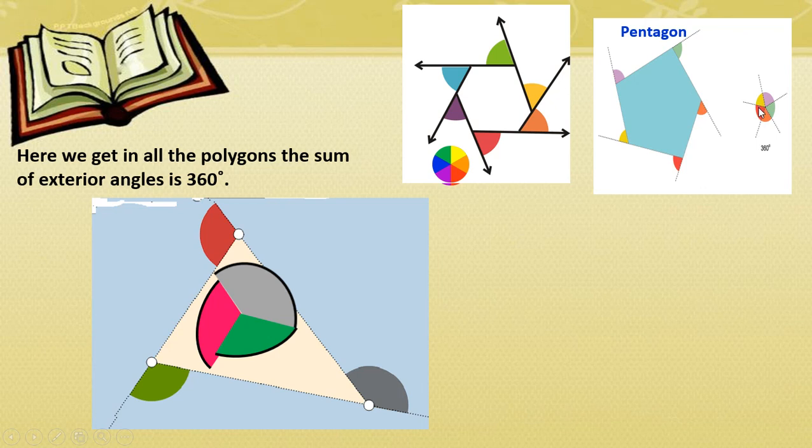So this also shows that in a pentagon the sum of exterior angles is 360 degrees. So here we can conclude that for a polygon with any number of sides, the sum of exterior angles is 360 degrees.